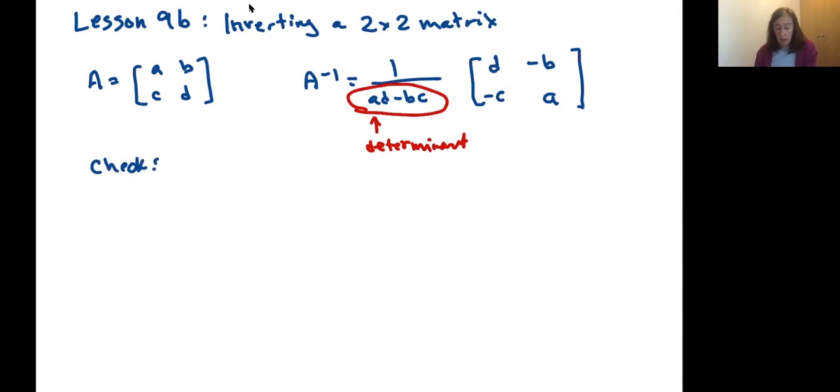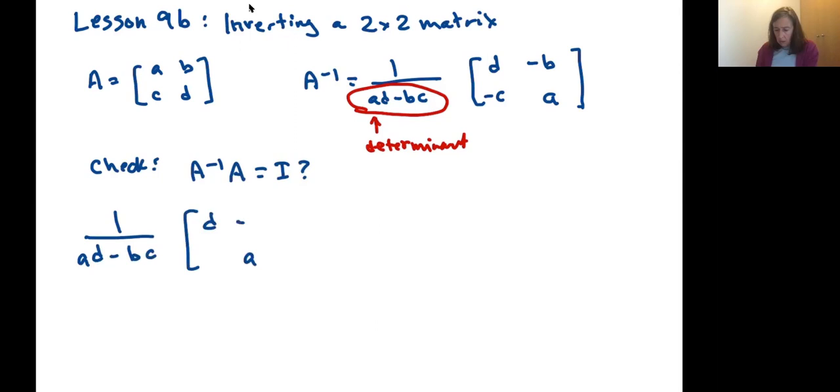If it works and we take A inverse times A, we should get I. Okay, so A inverse here is 1 over AD minus BC times D, negative B, negative C, A. So I'm just copying my A inverse here and pre-multiplying A by that, or post-multiplying it by A if you want to say it that way.